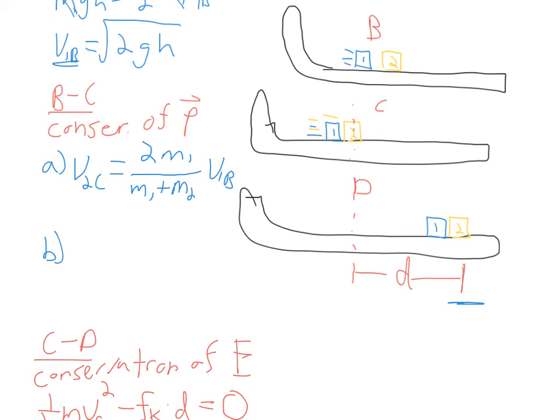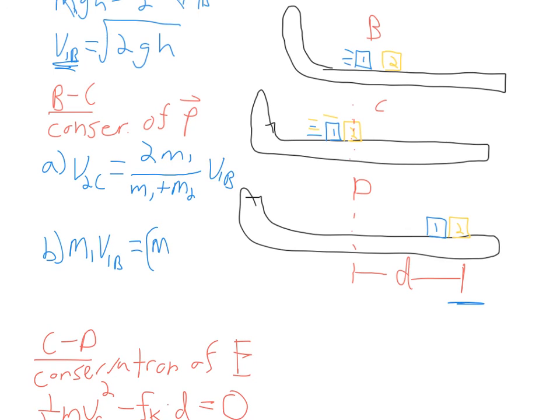We have an inelastic collision. So for the inelastic collision, we're going to have conservation of momentum, where we have mass 1 multiplied by its initial velocity, which is v1B, the same value as before, equal to the momentum after the collision. After the collision, the two masses are sticking together because we're told it's an inelastic collision.